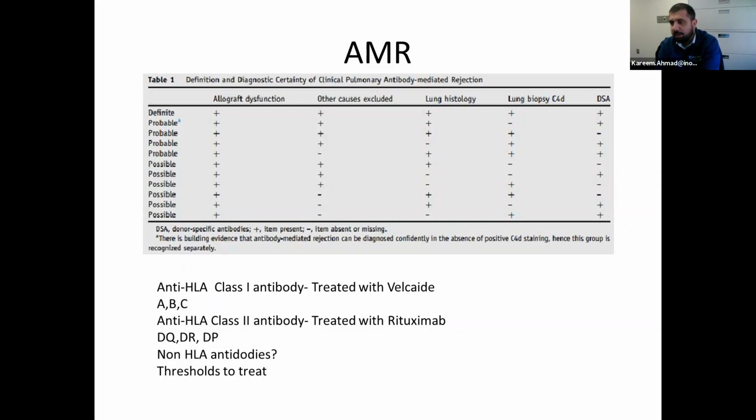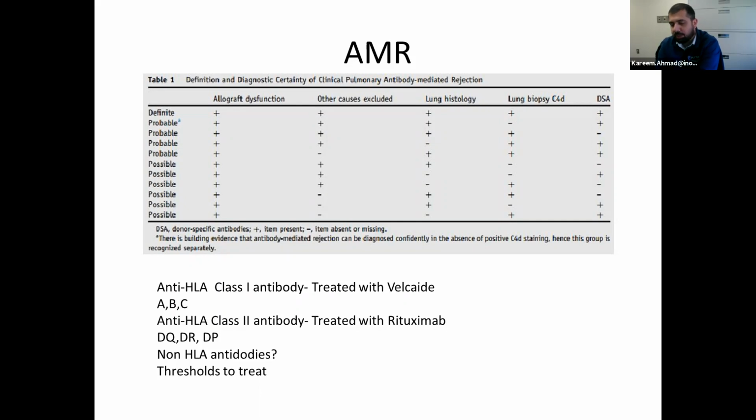Now, what causes people to develop AMR? Really hard to say, similar to the other forms of rejection. It's probably repetitive destruction and damage to the organ, which leads to a lot of internal aspects of that foreign body being exposed to the immune system and then sensitized over time.